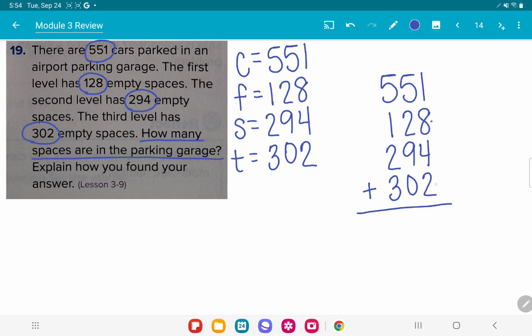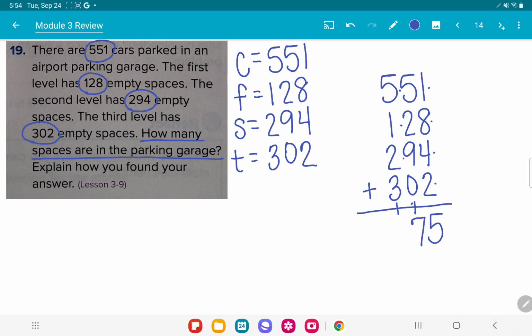I can see that this 8 and 2 together make a 10, and 1 and 4 make 5, so that total is going to be 15. I'm regrouping my 1. My 1 and 9 make a 10 together. Another 5 is 15, and 2 more is 17.